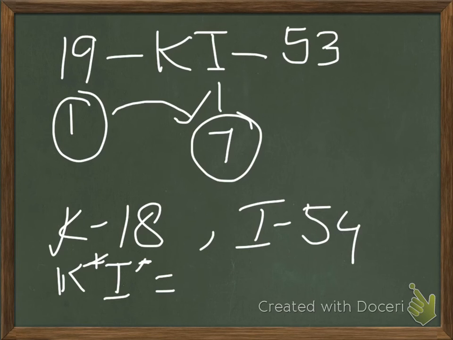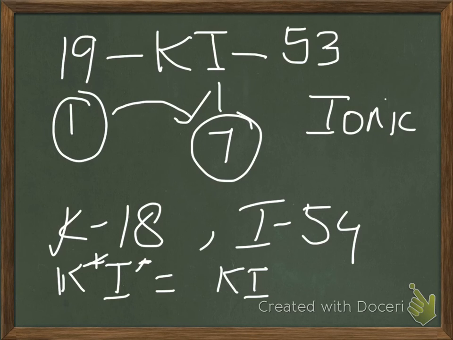The charges cancel and we get the crystal potassium iodide. So what type of bond is this? Yes, whoever guessed it, it is an ionic bond.